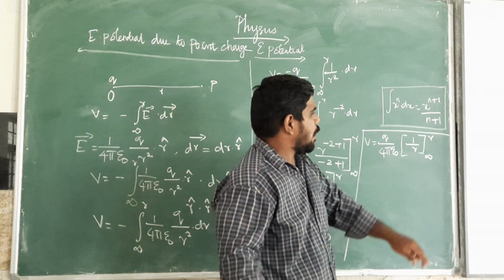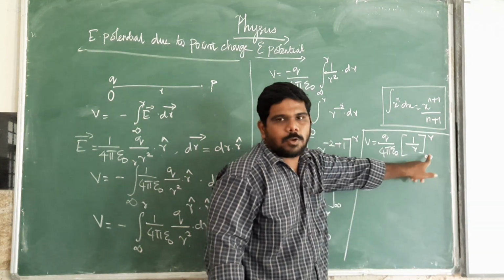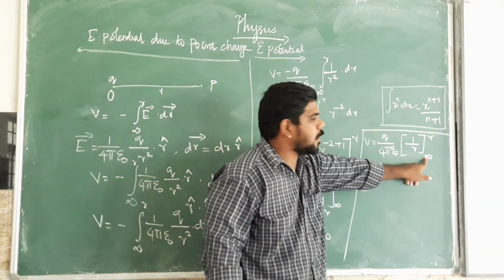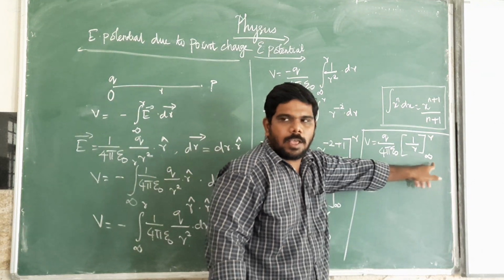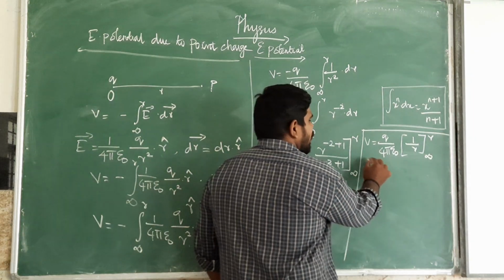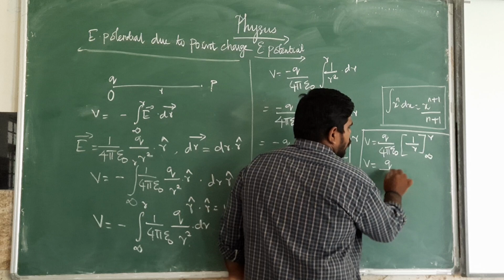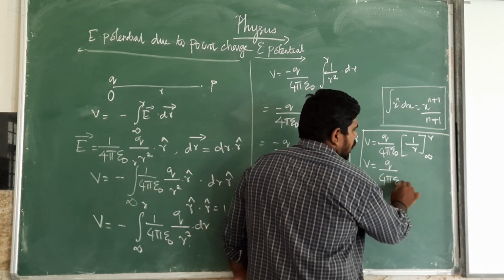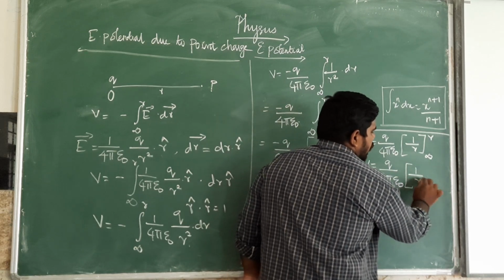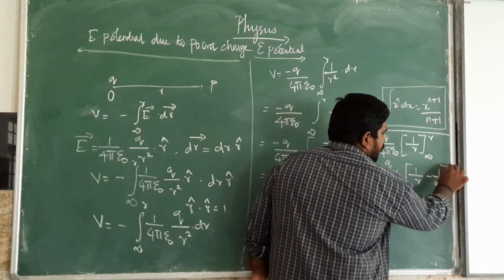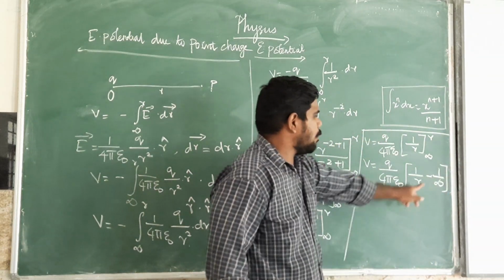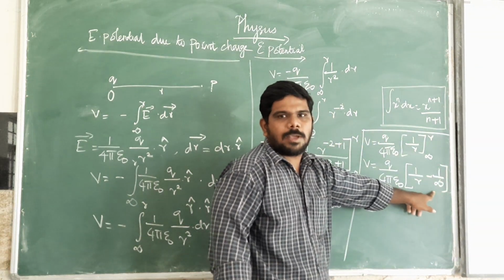Anyway, we are going to substitute the upper limit minus the lower limit. What we get: V is equal to q by 4 pi epsilon 0 into 1 by r minus 1 by infinity. Any number divided by infinity is 0.